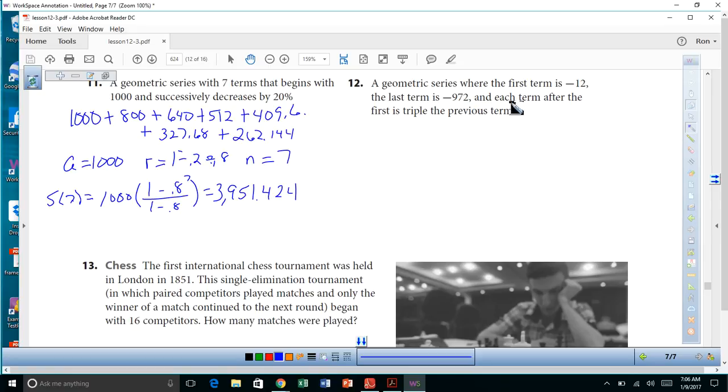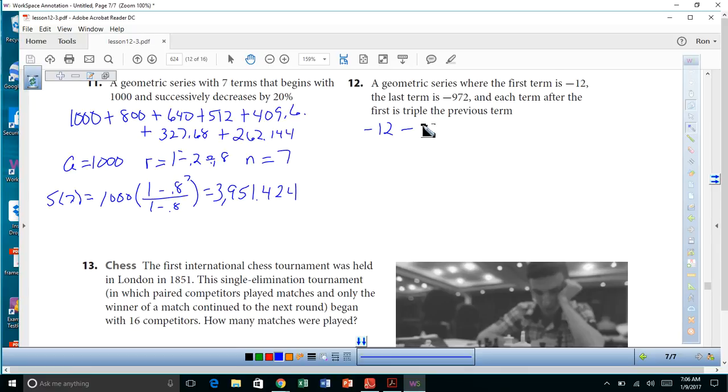A geometric series where the first term is -12 and the last term is -972. And each term after the first is triple the previous term. So let's see, we got -12. And that's going to be minus because that's negative.